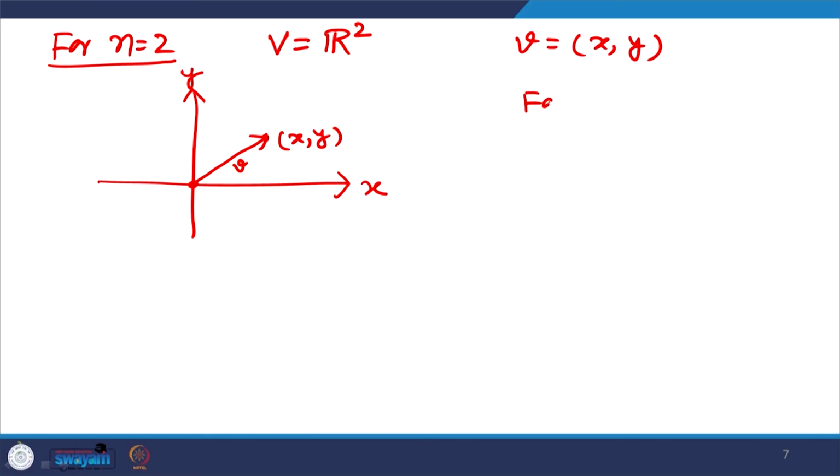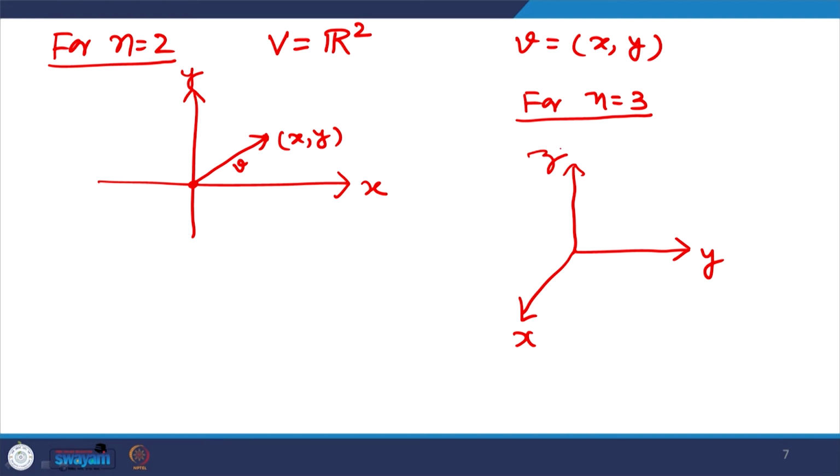For n equals to 3, we are having the 3-dimensional coordinate plane. So, let us say x, y and z, and I am having a point x, y, z here.